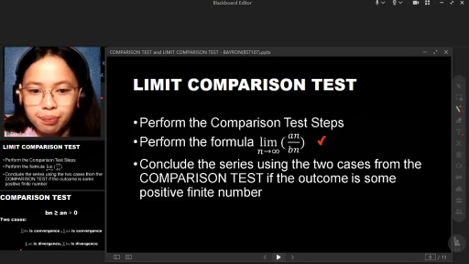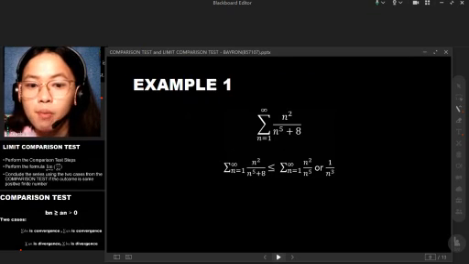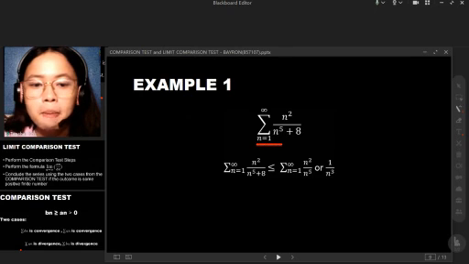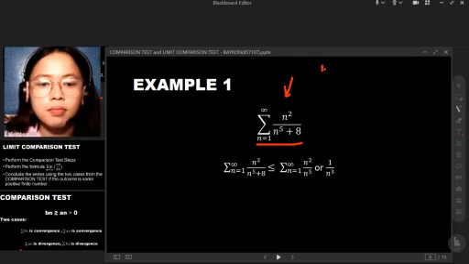Okay, now we're going to have the example one. So first, we're going to construct its comparison series. 8 is a bigger value, so we're just going to cancel it out. So we have here n squared over n raised to the power of 5.